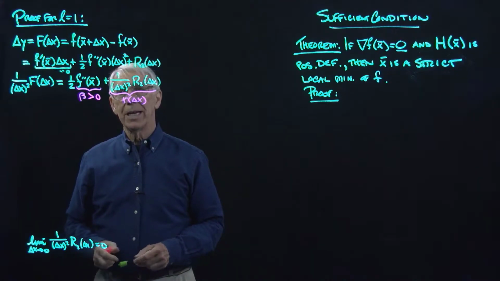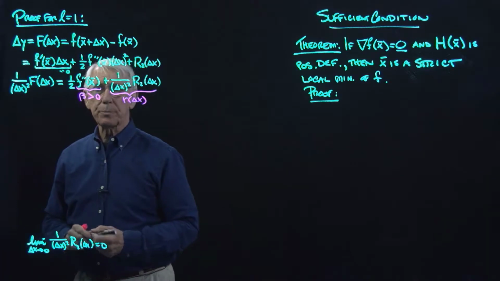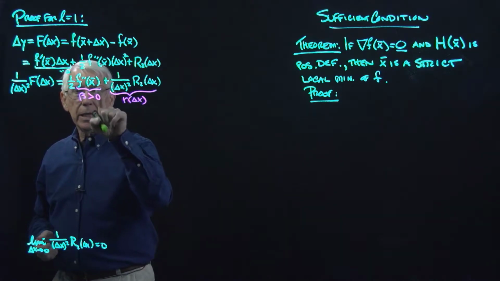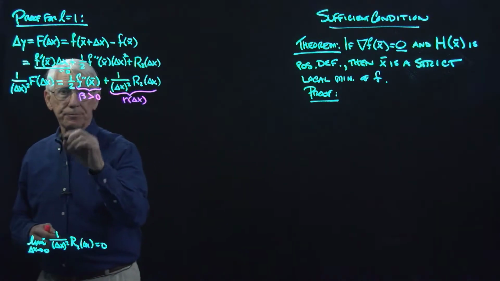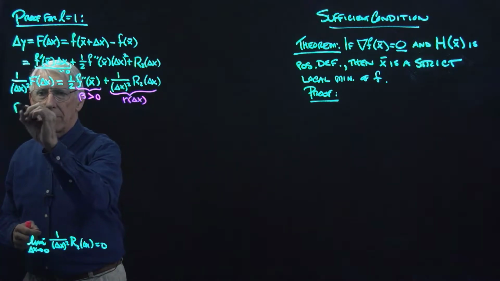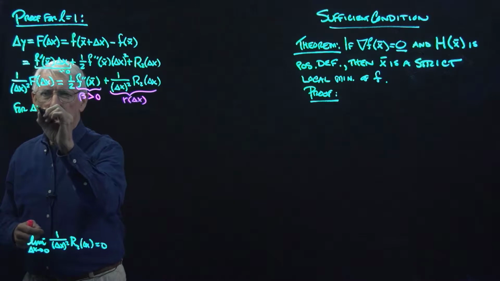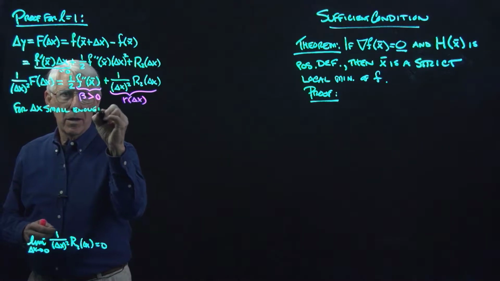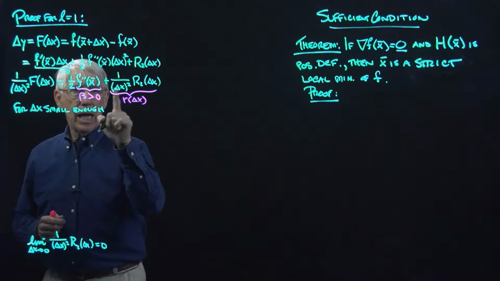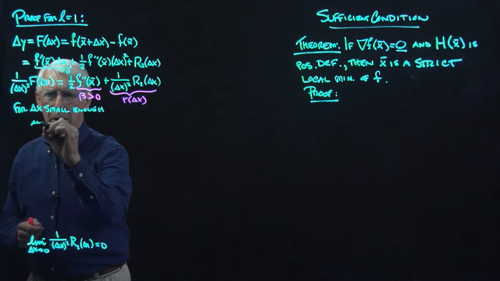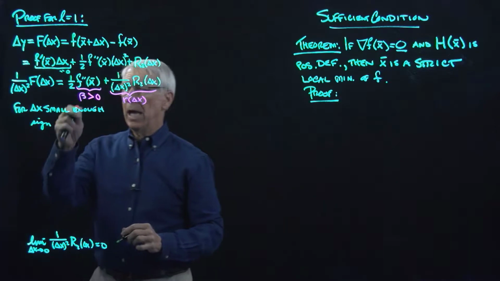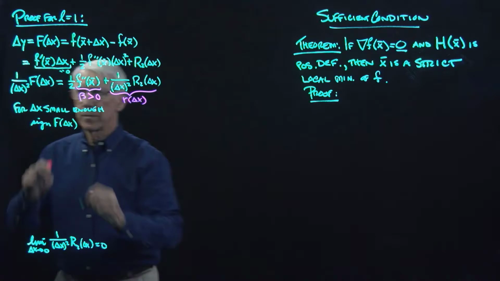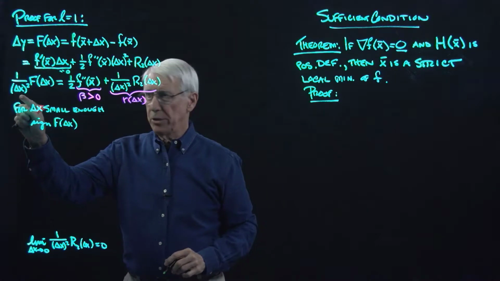And so what this tells me is that for delta x small enough, we have the sign of F of delta x, delta x is not 0.